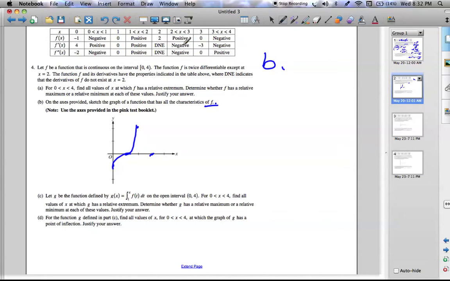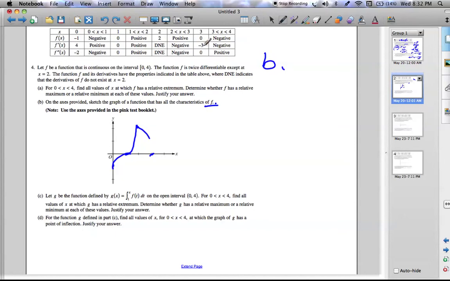The f prime is negative, so it's decreasing. The function is decreasing, and its second derivative is negative, so it's concave down again. So there's a sudden change in concavity. So it sort of goes like that.